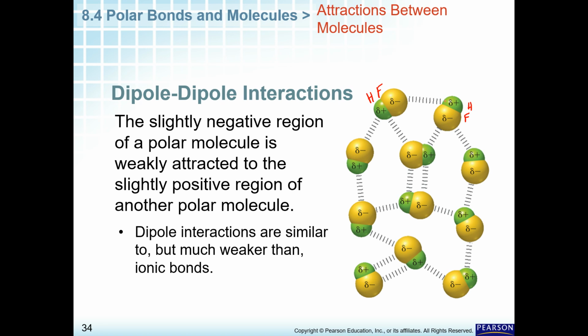Keyword, different. And that ends up forming a slight interaction or a slight bond. You can kind of say that this is similar to an ionic bond, but much weaker. And it's a little bit different than an ionic bond because it's happening between molecules and not within the molecule.